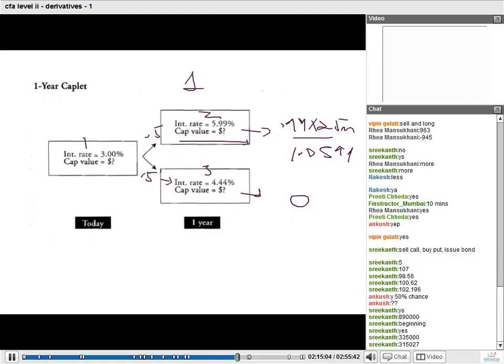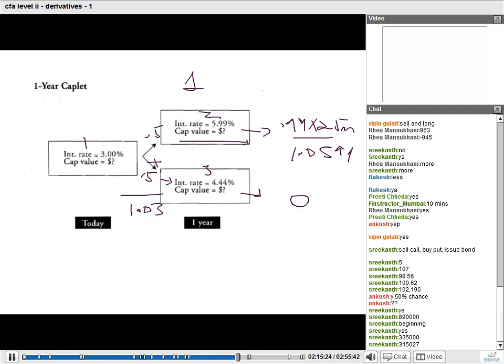Sum this up and discount it back by 3%. So these are the 2 options. Compute the value of the 1-year caplet and the value of the 2-year caplet, and sum it up to get the value of the cap.